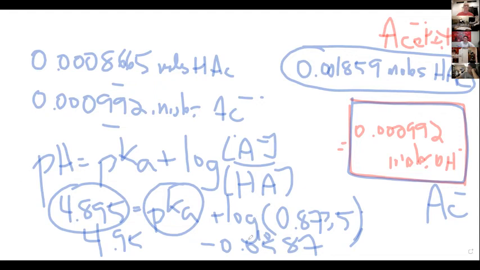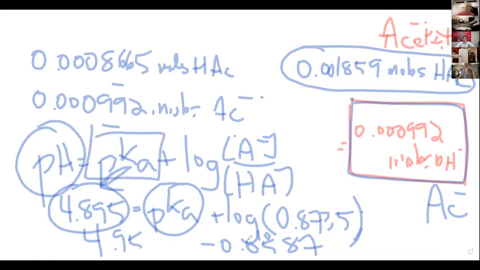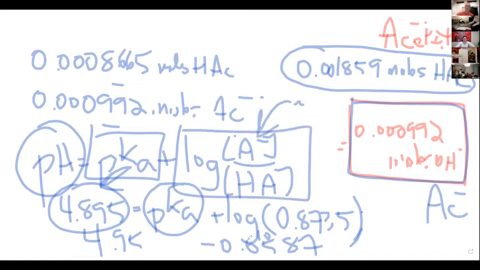Wait, so you got 4.895? I got 4.95. 4.895 is the pH, because remember, the pH is equal to the pKa plus the log of this ratio. So this ratio is going to be approximately 1, so the log of something close to 1 is going to be a really small number, slightly negative or slightly positive.